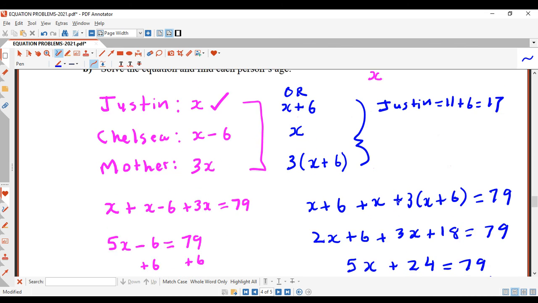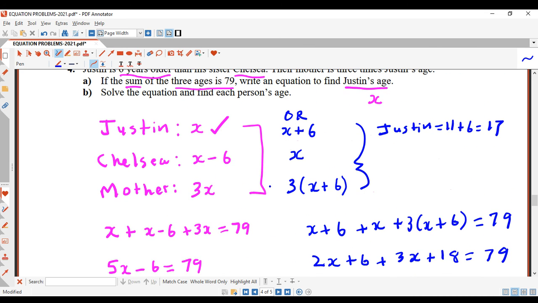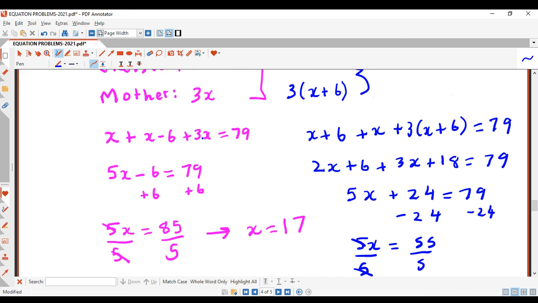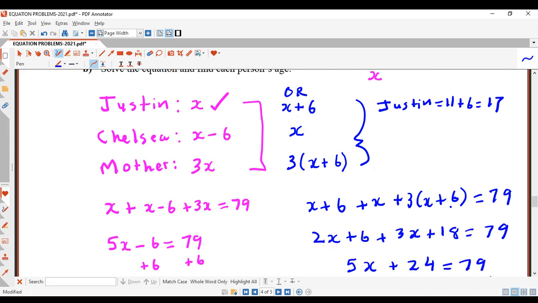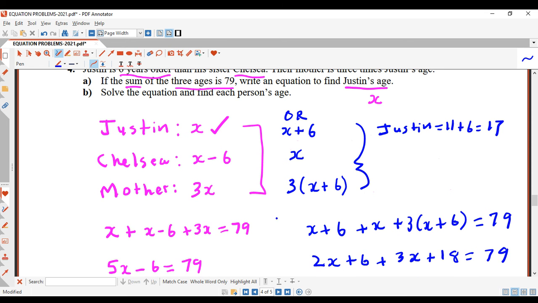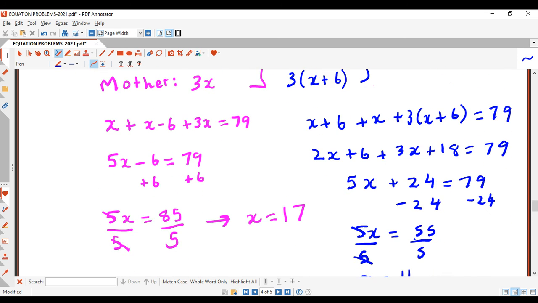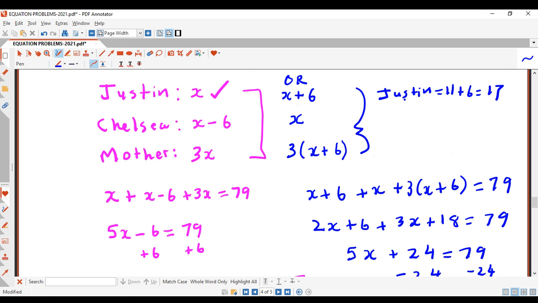So if I come back down to my previous answer, I had x is 17 and x was Justin's age in my first one. So in actual fact, we did get the same answer there. Okay, so Justin's age is 17, and I worked out in the second equation Justin's age is also 17. So in that first question there, you could have written down two different equations, right? Now you'll get a different answer in the equation, but when you go back to substitute those values back into the algebraic expressions for their ages, you will get the same answer.